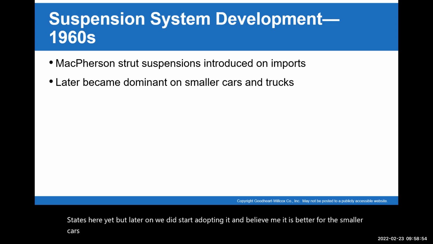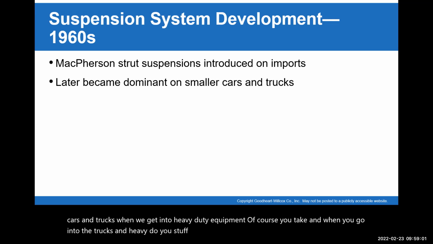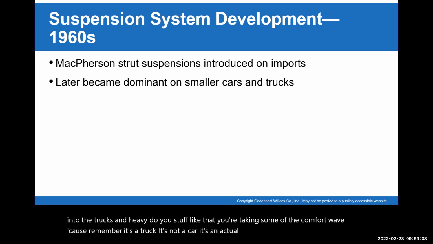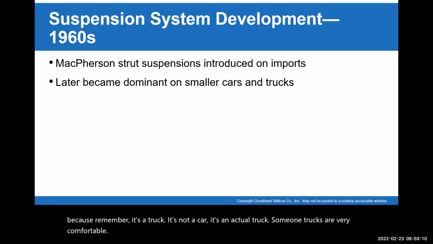When we get into heavy duty equipment and trucks, you're taking some of the comfort away, because remember, it's a truck. It's not a car. It's an actual truck. Some of the trucks are very comfortable, but you can know that feel as we went along.